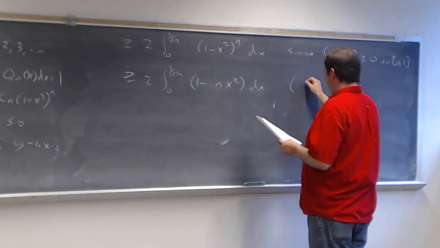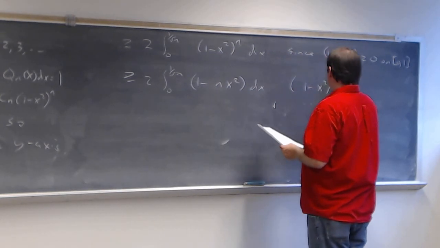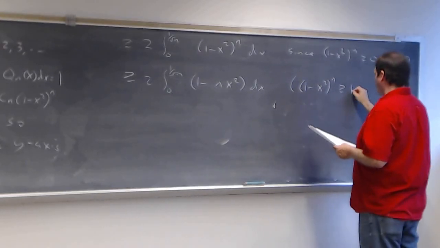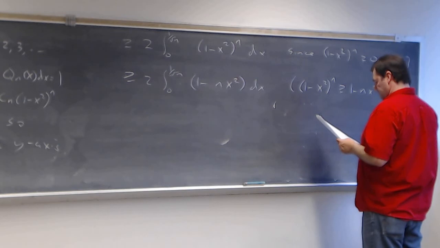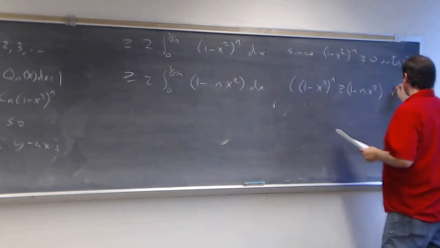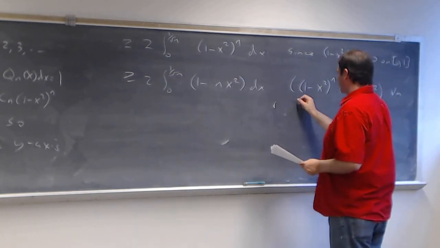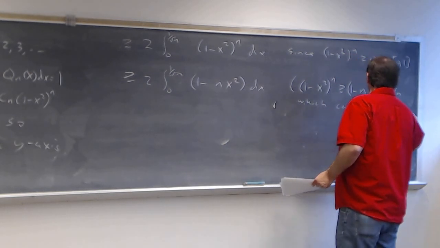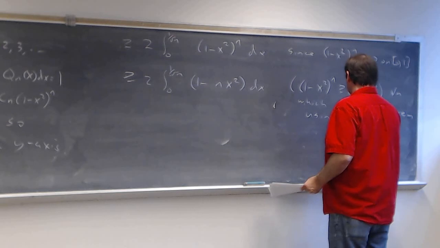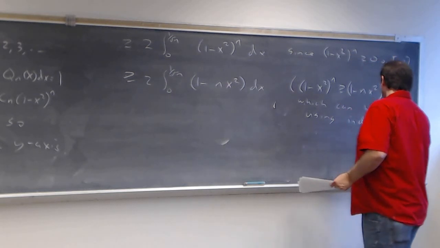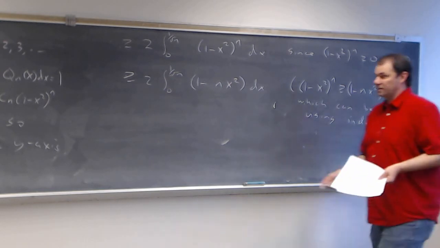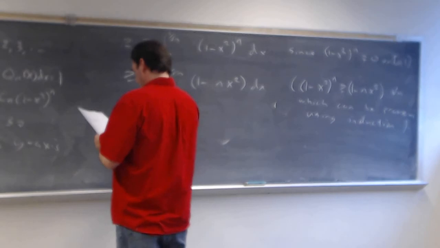And here I'm basing that on the fact that 1 minus x squared raised to the n is greater than or equal to 1 minus nx squared, and that's true for all n, which can be proven using induction. The book makes a comment about this statement being true, and it doesn't use induction. So you can look at it, but I can prove it using induction. I'm not going to show that here.